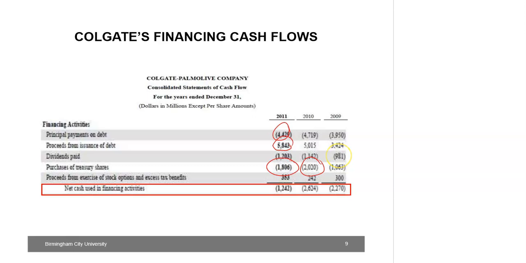We can also see that dividends paid have increased steadily over 2009 to 2011, and this is quite sustainable given the company's net operating cash flow and the amount of capital expenditure required. So the company had funds available to pay dividends and increasing dividends over time.